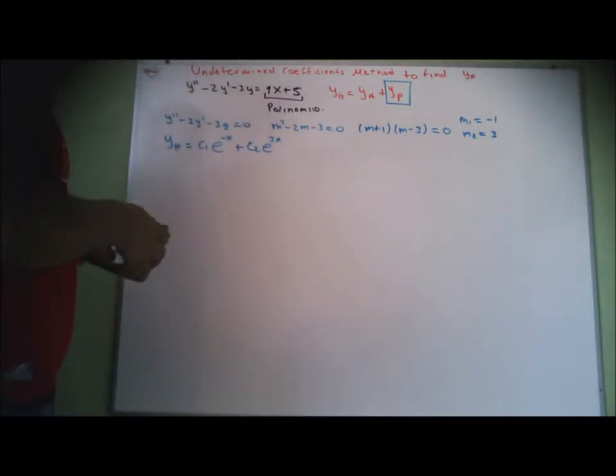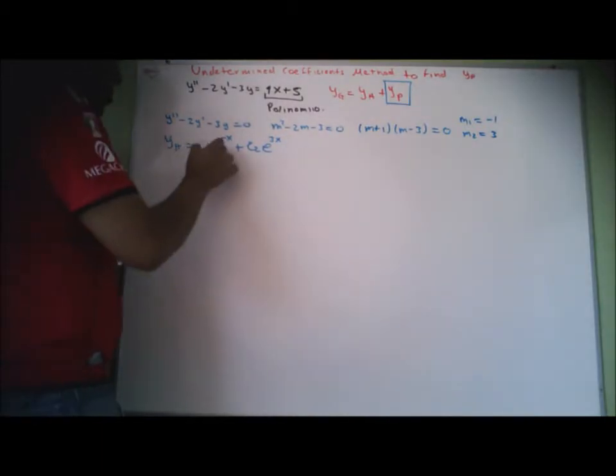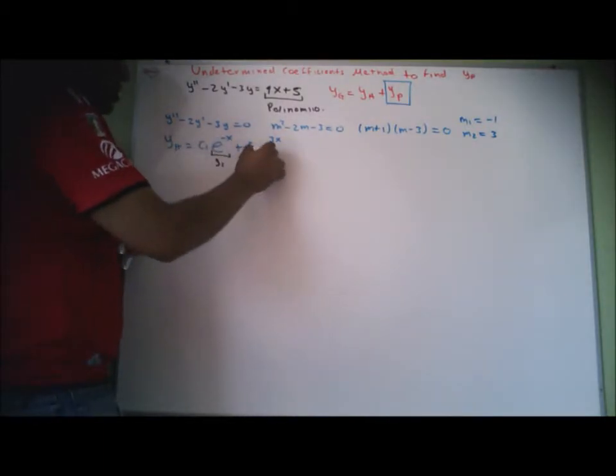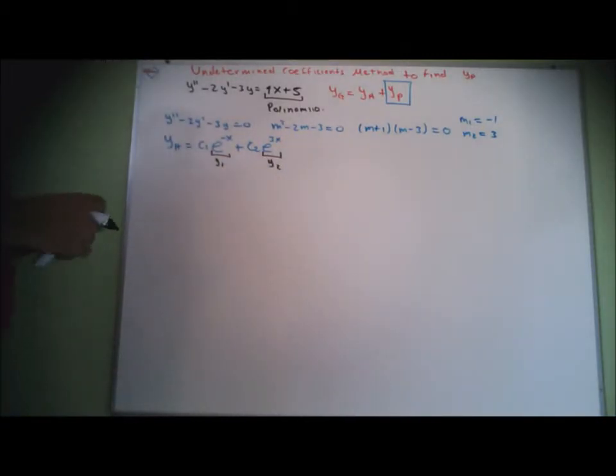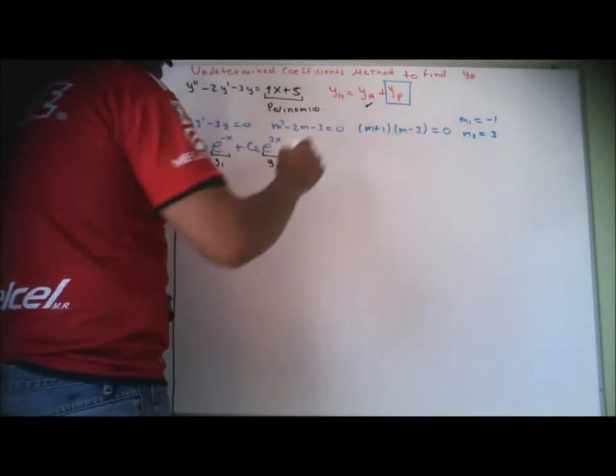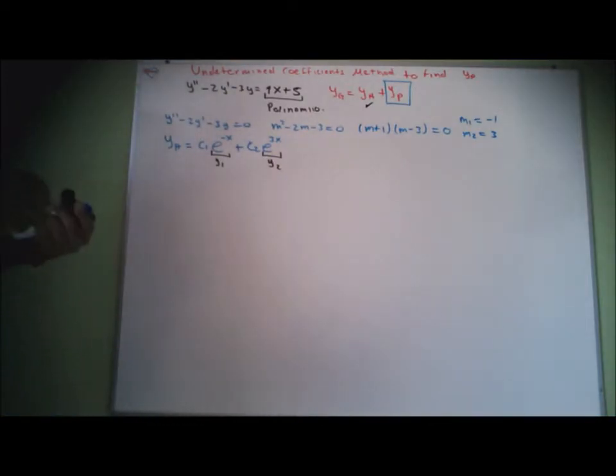Here you have the y1 and here is the y2, and this is part of the homogeneous solution. So we have found this part, but now we have to find the particular solution for this differential equation when it is not equal to 0.